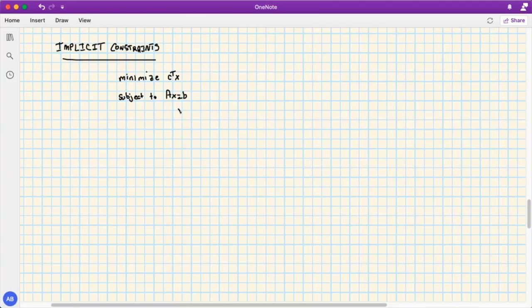That is, x is bounded entry-wise between two vectors, lower and upper. Okay? So this is also known as an LP with box constraints, or a linear program with box constraints. Of course, l is entry-wise less than u. So given l is less than u, let's call this problem P1.